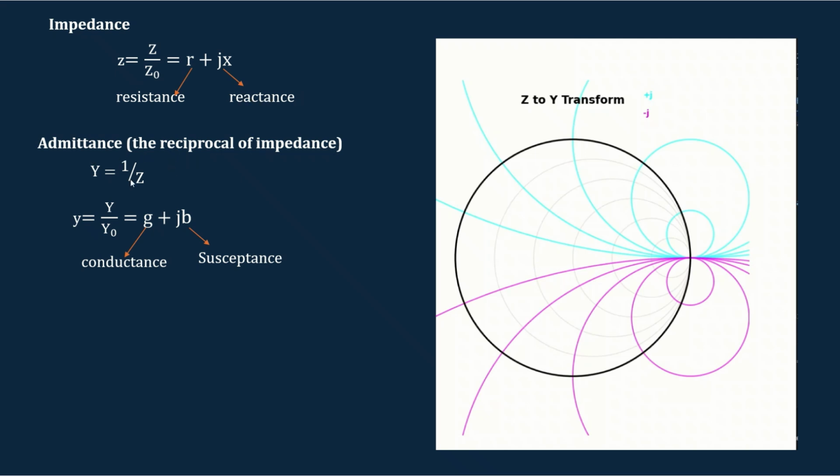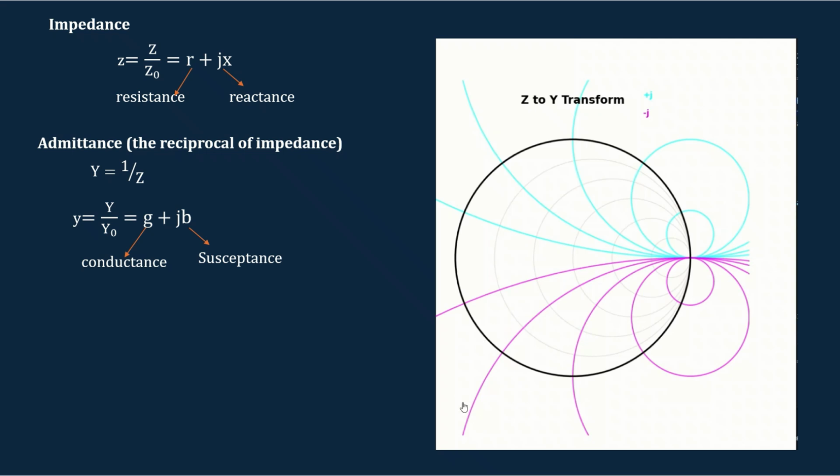The admittance is the reciprocal of the impedance, that is Y equal to 1 by Z. To plot that on the admittance chart, it has to be normalized, that is y normalized equal to y by y0, which is given by g plus jb, where the real part corresponds to the conductance, which is 1 by R, and the imaginary part is the susceptance. These are plotted on the admittance chart.